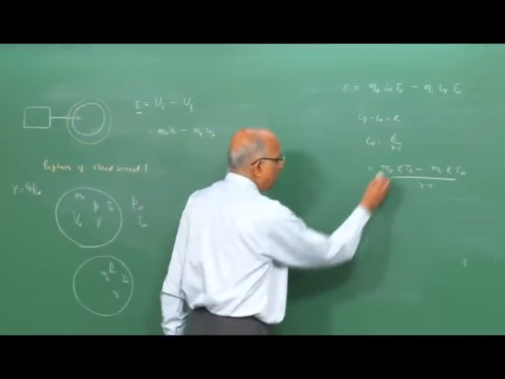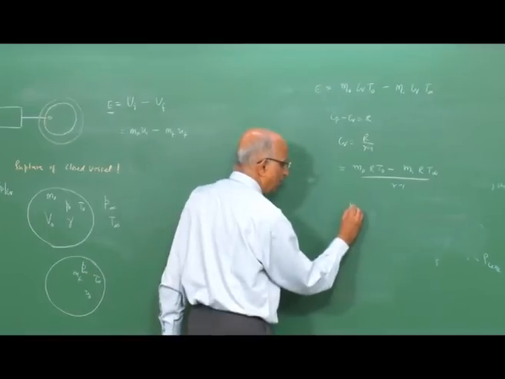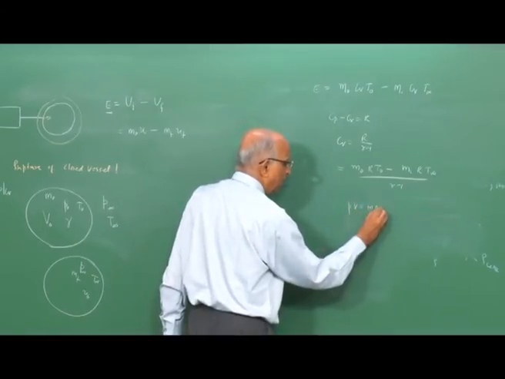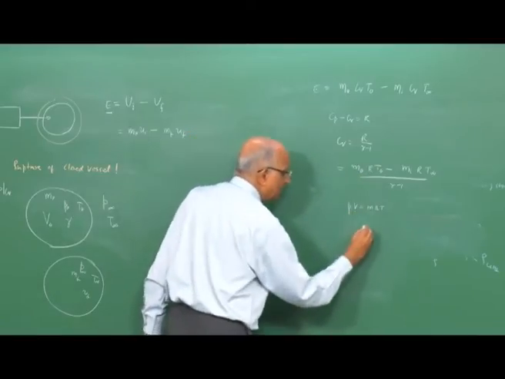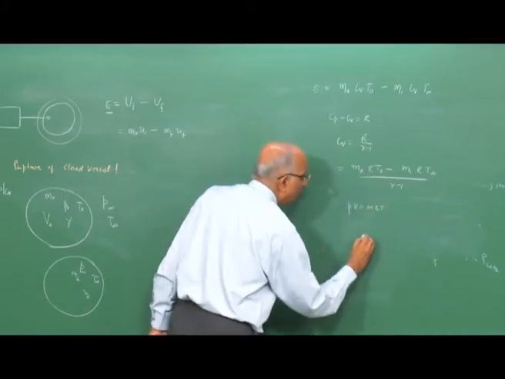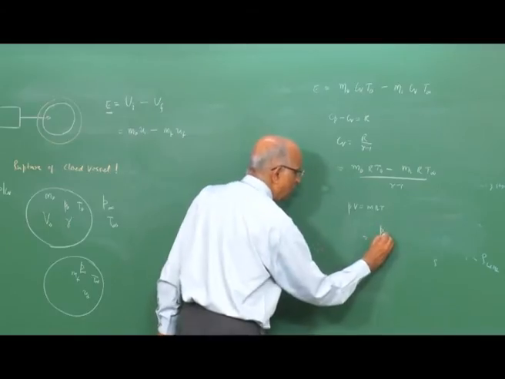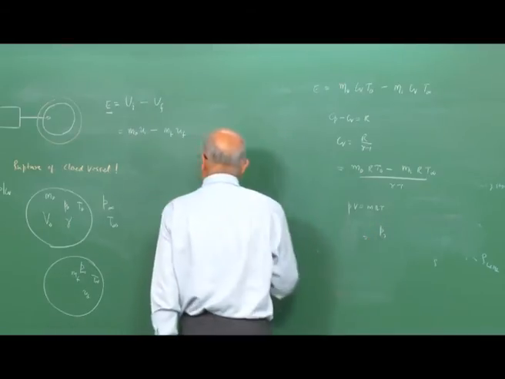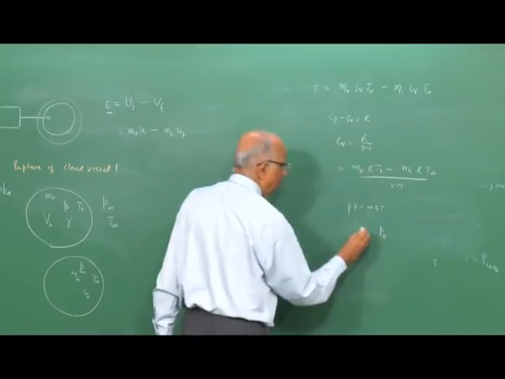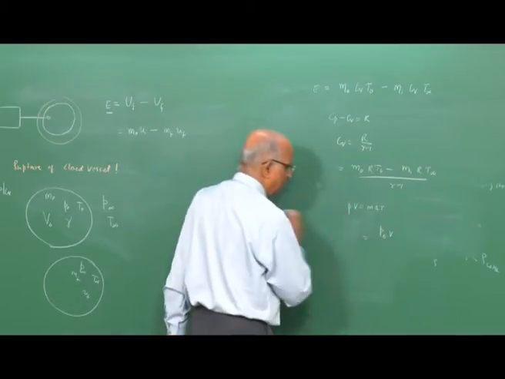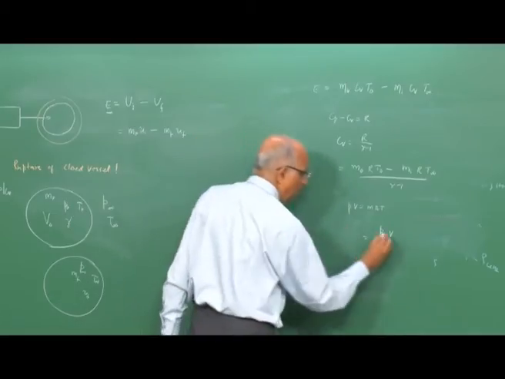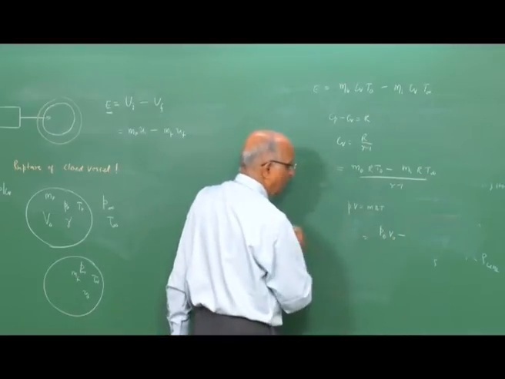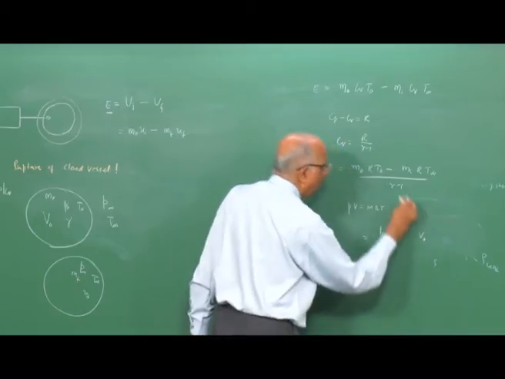But when I look at this expression from the gas equation, PV is equal to MRT, with specific gas constant, I can write MRT0 as the initial pressure P0 into V, the initial volume. The volume does not change, it is V0, and the final volume is again V0.